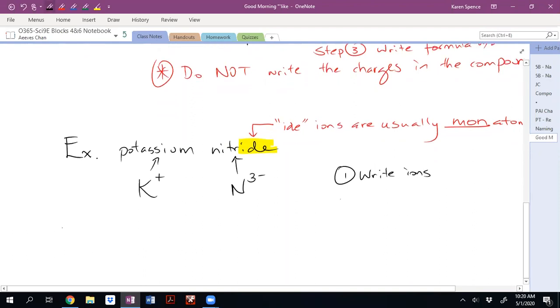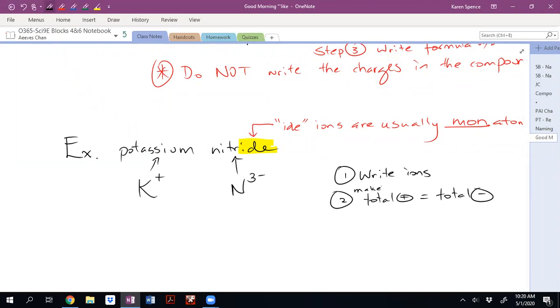Step number 2 is to make the total positive equal total negative. Do the positive charges equal the negative charges? No, they do not.